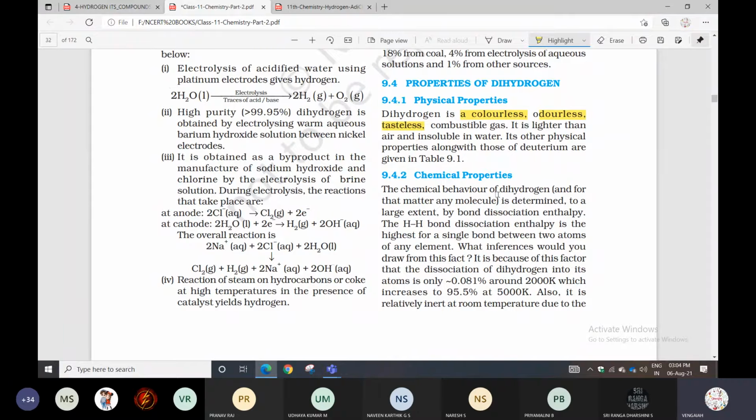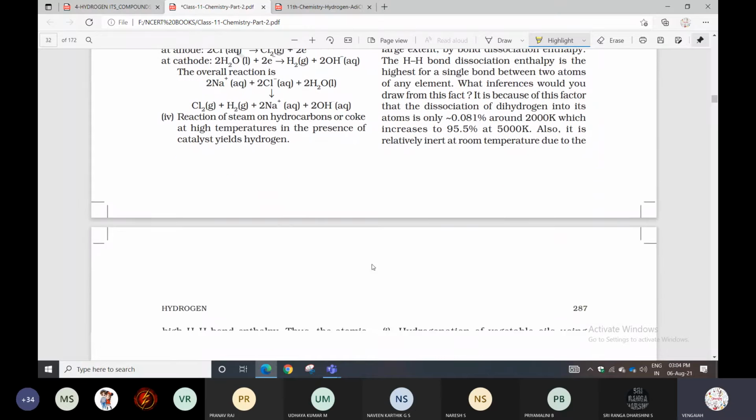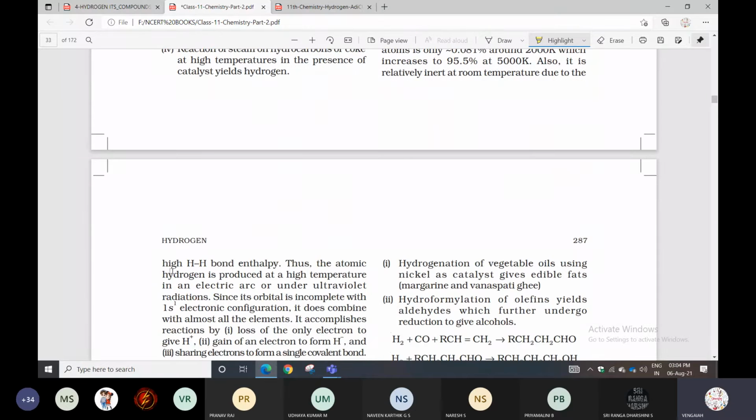Because of this factor, the dissociation of dihydrogen into its atoms is only 0.081 percent around 2000 Kelvin, which increases to 95.5 percent at 5000 Kelvin, and it is also relatively inert at room temperature due to the high bond enthalpy.